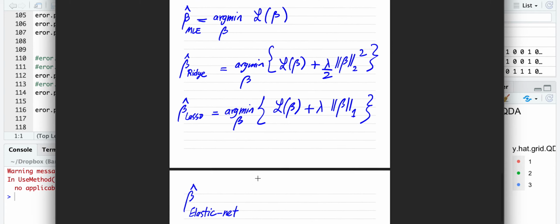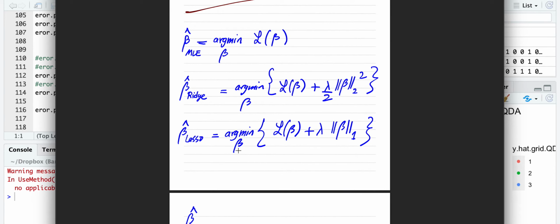What is the best of two worlds? Well, what are the two worlds? Ridge is a world where the coefficients are shrunken. Lasso gives us a beta hat that is sparse, meaning that coefficients that are not strongly associated with the response, instead of having a very small value, will be clamped to 0.